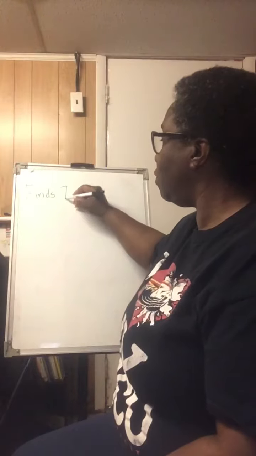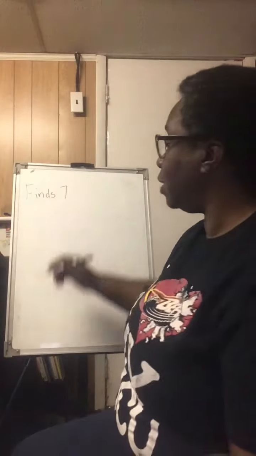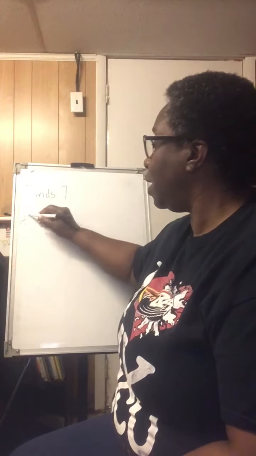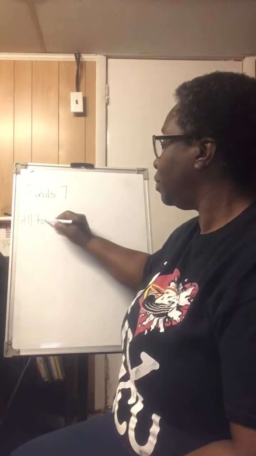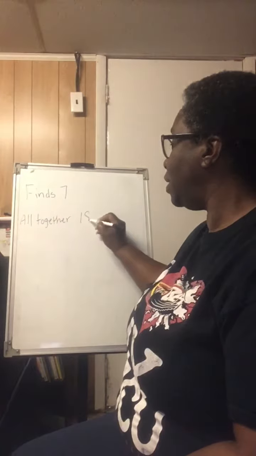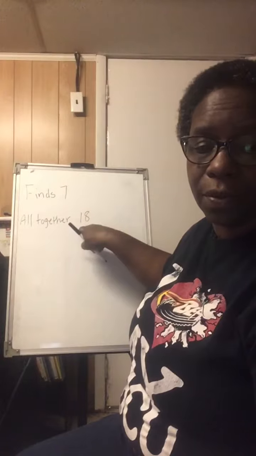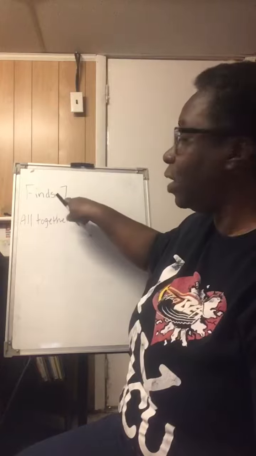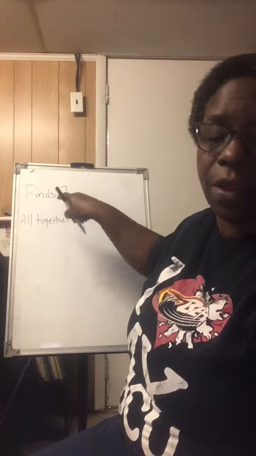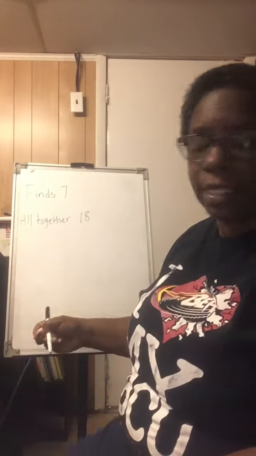She finds 7 crayons. Now altogether, she has 18. She found 7. She has 18 now. So before she found the 7, we have to find out how many she had in order to figure out how she got to 18.